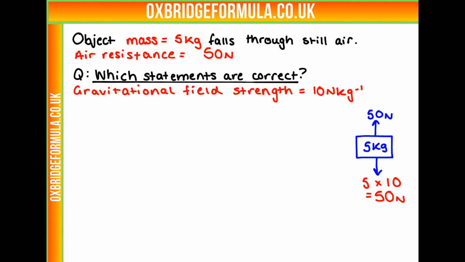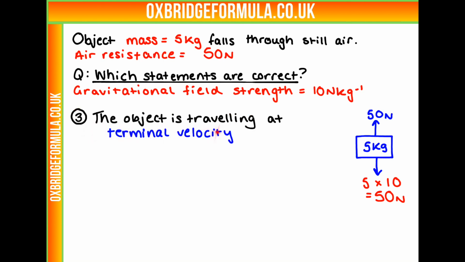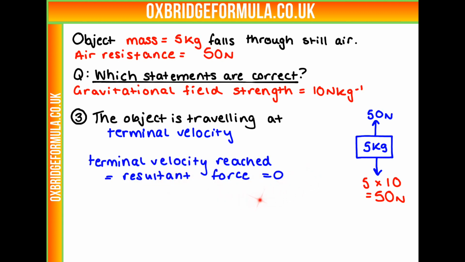Our final statement is that the object is travelling at its terminal velocity. What is terminal velocity, and how do we get to a terminal velocity? So this is the max speed, essentially, that something can reach, say, as it's falling. And this occurs when the resultant force is 0.